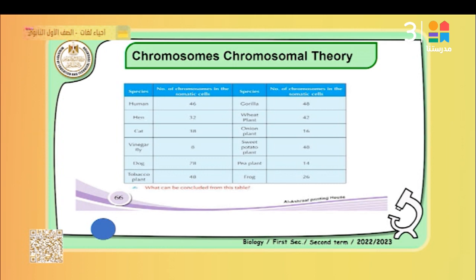Pay attention, please. There is a difference between somatic cells and sex cells. Somatic cells are diploid. Okay? We can make a comparison between somatic cells and sex cells. Somatic cells are diploid, with homologous pairs of chromosomes. Sex cells are haploid, having half the number of chromosomes.